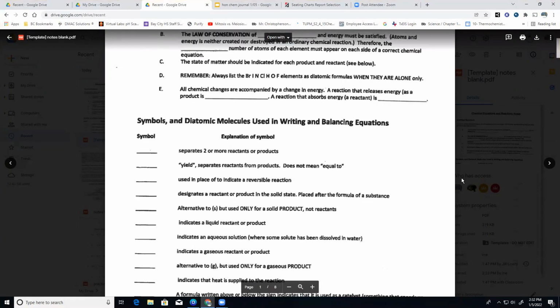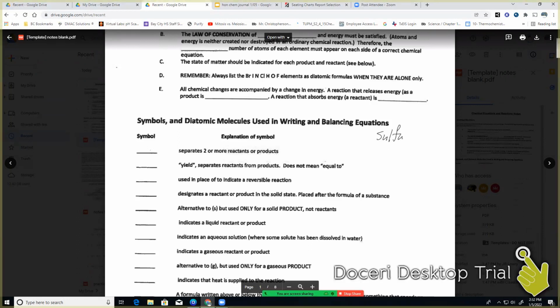So I'll rewrite that in case you didn't get it. The two that you need to worry about would be sulfur as S8, and phosphorus as P4.